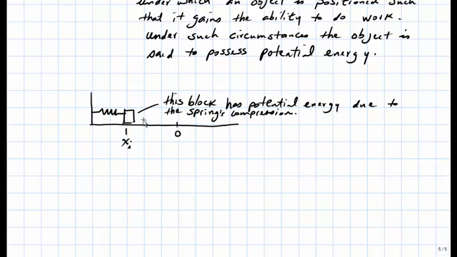So how can we quantify the amount of energy that this block possesses at this location relative to the point of equilibrium for the spring? Well, it turns out that the amount of potential energy possessed by the block is directly connected to the amount of work that the spring can do on the block as it travels from x initial to its final position, which is 0.